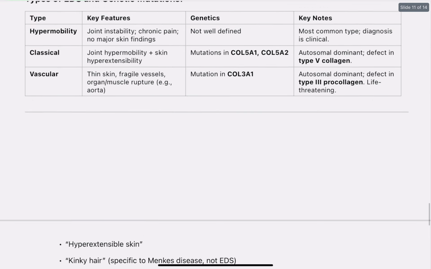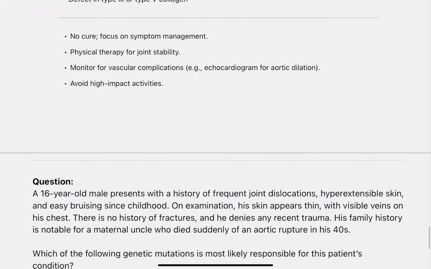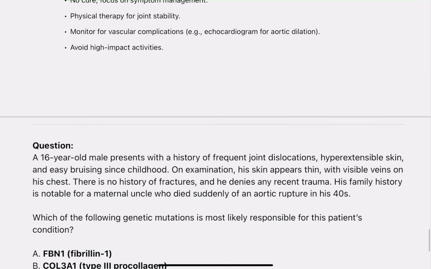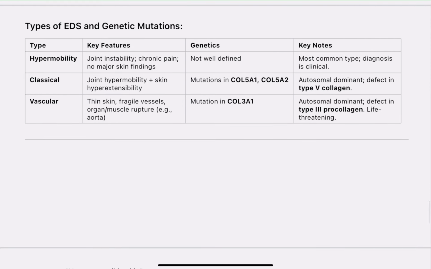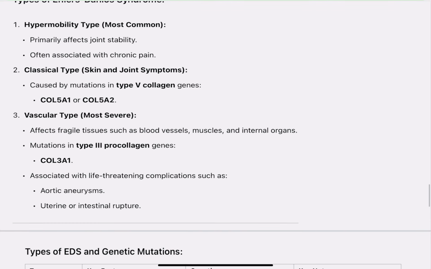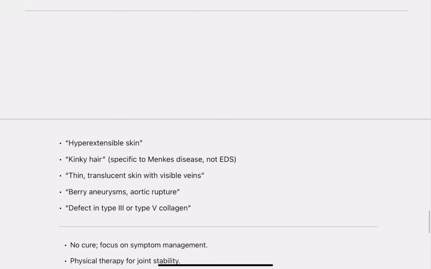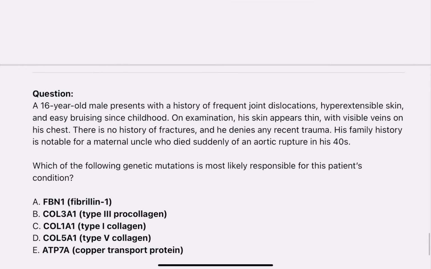So let's go back to the key features. He's having hyperextensible skin and he has frequent joint dislocations and easy bruising. And then on examination, the skin appears thin, with visible veins on his chest.